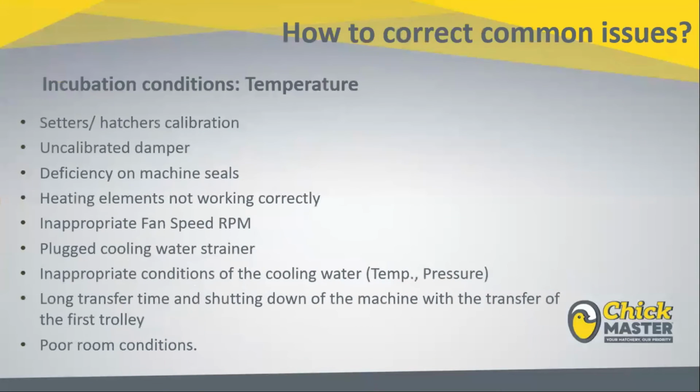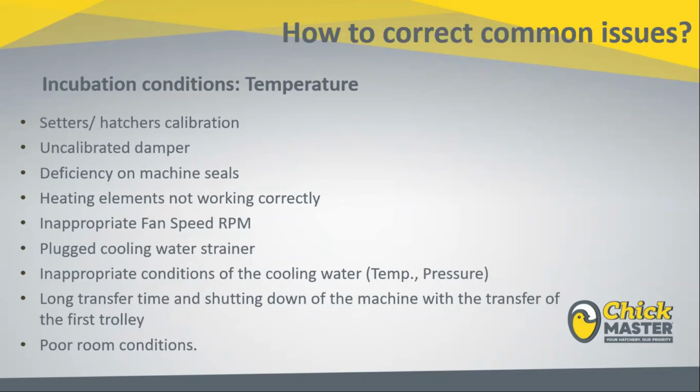So if we are facing some issues related to the temperature, how can we correct this? First of all, we should be sure that we have a correct calibration of the setters and the hatcher at the correct frequency. The dampers should also be calibrated.